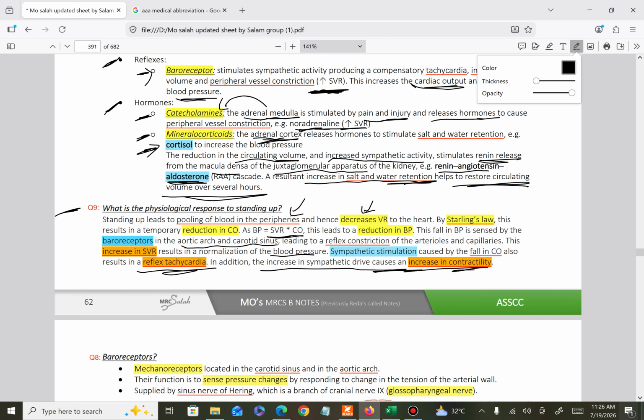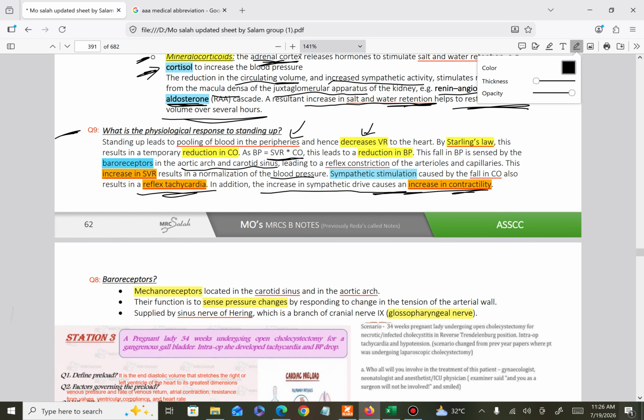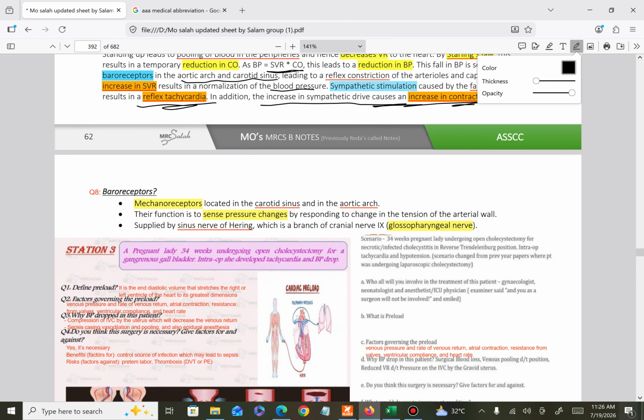Also, the baroreceptors stimulate the sympathetic activity, which causes the reflex tachycardia and increase in contractility. So this is the physiological response to standing up.